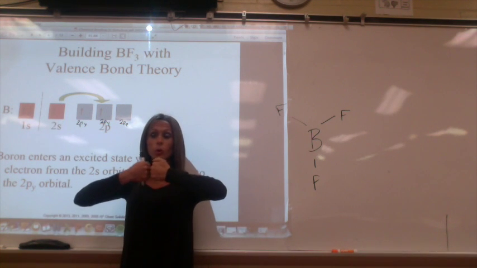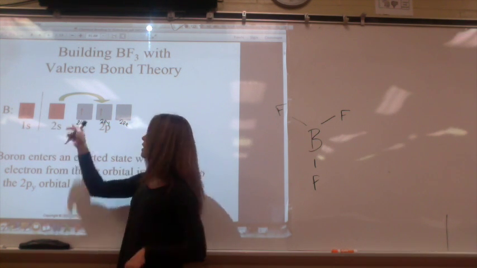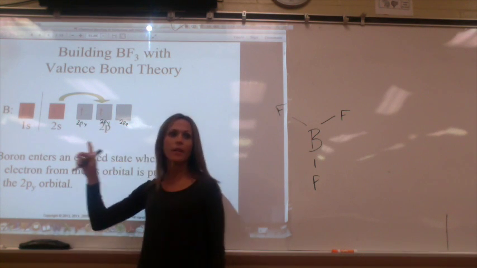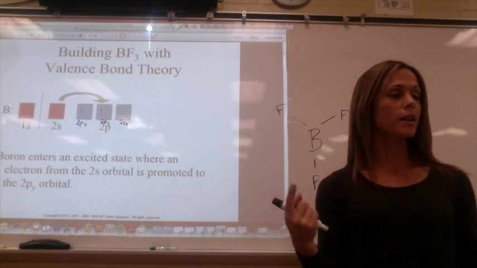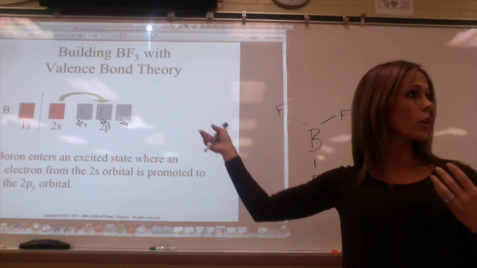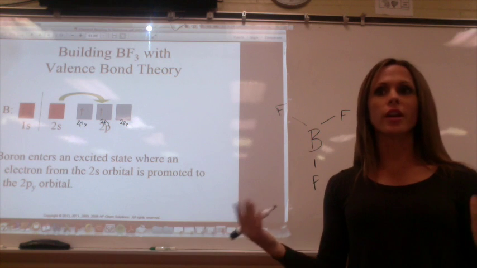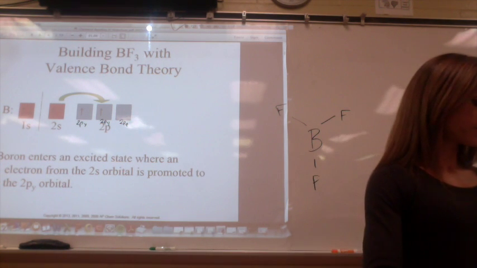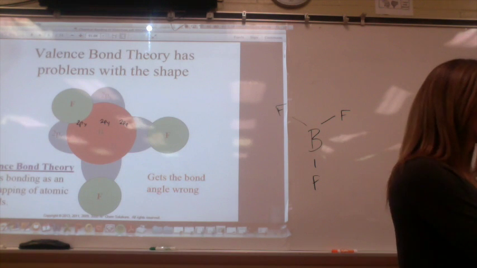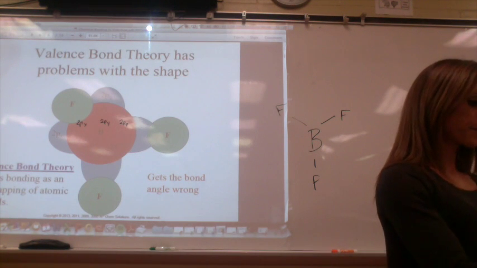So you would get s orbitals overlapping to share. And then you would get a px and a py overlap, and they would share. So then that means that each of my fluorines that has an available spot can overlap their orbitals with boron's 3 orbitals, and then you would create BF3. Make sense? So this is what it actually will look like.